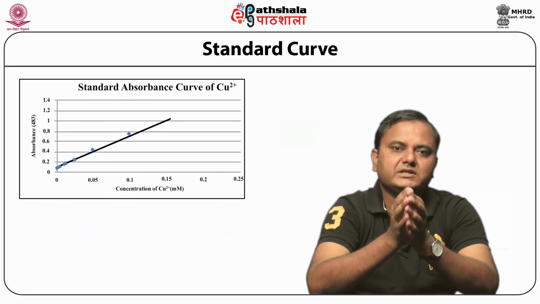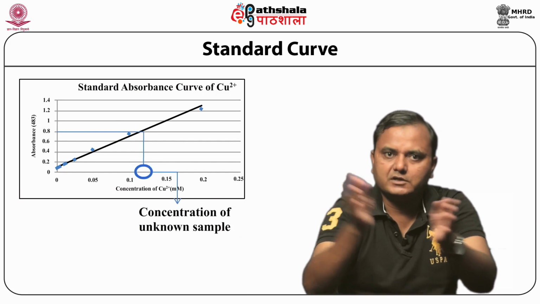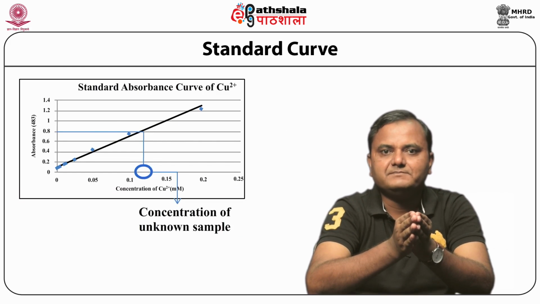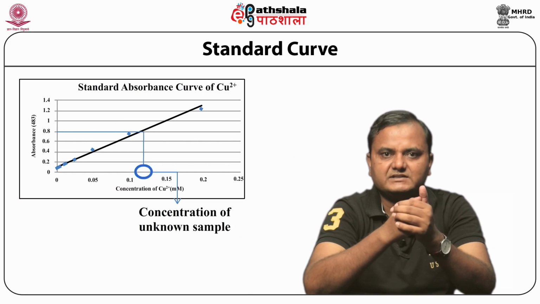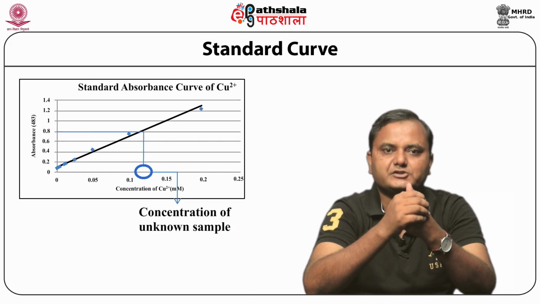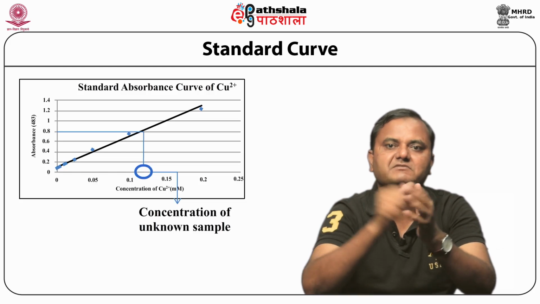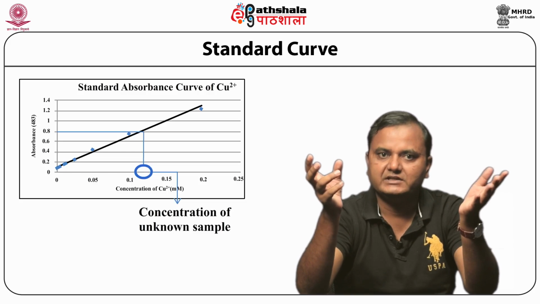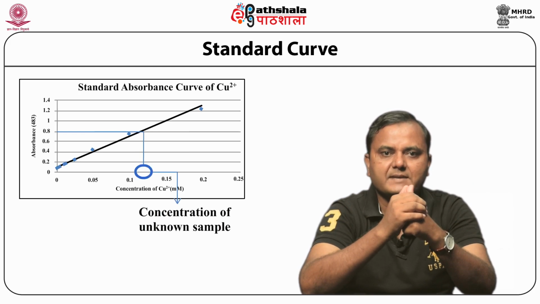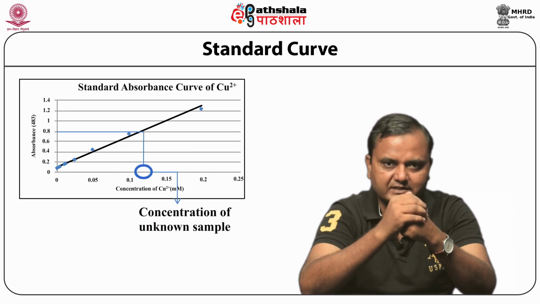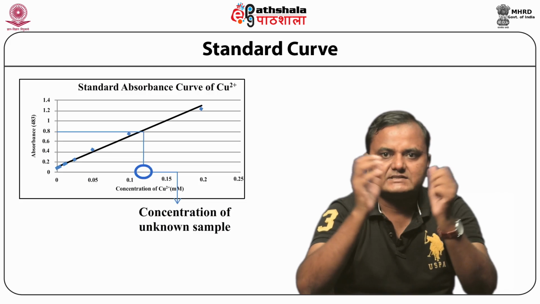For estimation of protein concentration, especially for unknown protein concentration, we must have a standard curve. That standard curve shows the linear relationship between absorbance and concentration, and the amount of protein in the sample can be estimated by a standard curve for the selected protein.